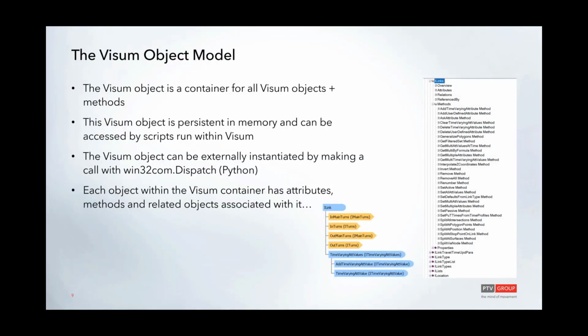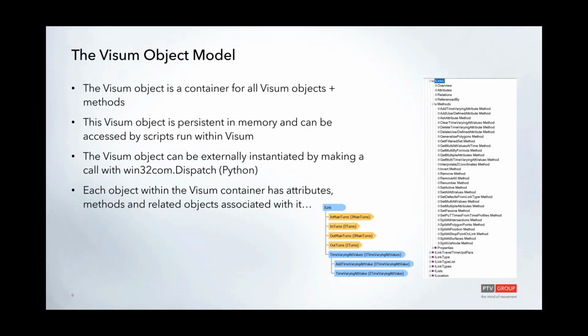So one key thing to understand Visum scripting is to have an idea of how the Visum object model is structured. If you look at Visum, it's an object-oriented structure, and the Visum object is the overarching or master object, which contains further objects, which would be network objects, matrices, and so forth.